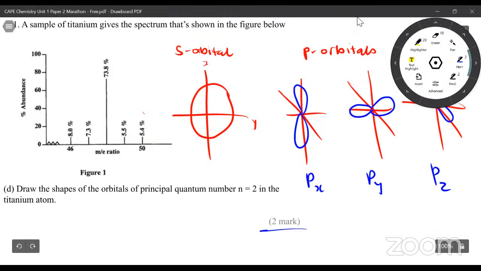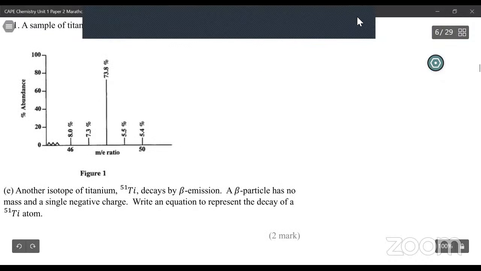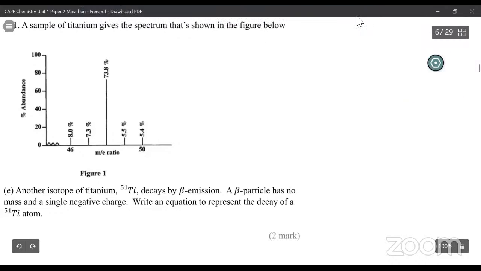Now, the next one. It says that another isotope of titanium, they're giving us titanium 51, decays by beta emission. A beta particle has no mass and a single negative charge. So here they're telling you what it is. If you didn't remember, now you know.